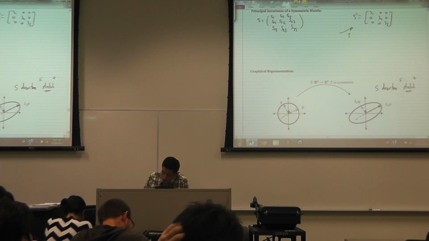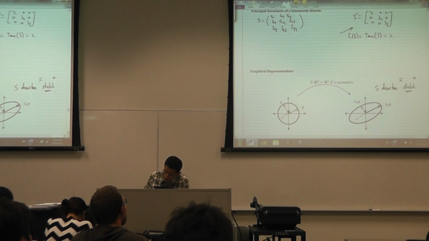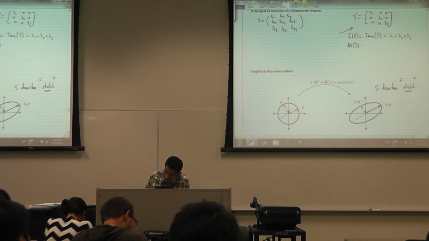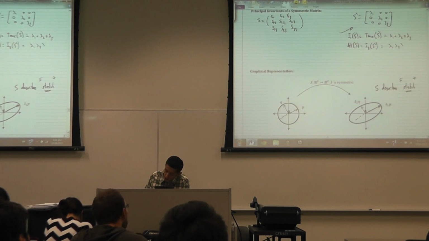In this case, I1 of S, which is the trace of S, is lambda 1 plus lambda 2 plus lambda 3. The determinant of S, which is I3 of S, is the same whether I use S prime or S. This is equal to the three eigenvalues multiplied by each other.